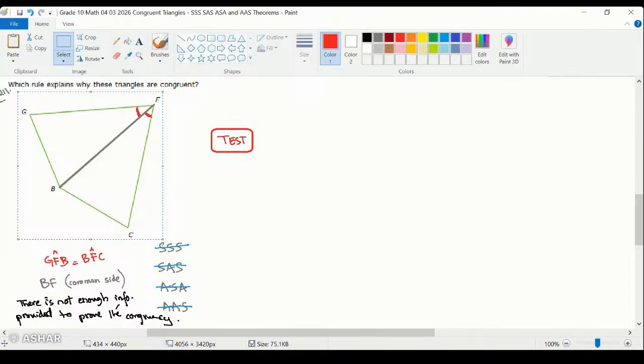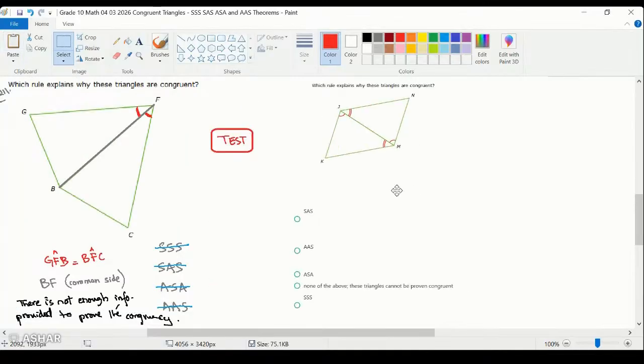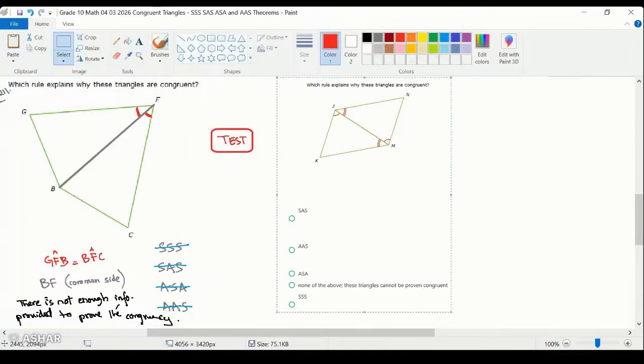And they're saying, which rule explains why these triangles are congruent? Let's reuse this. The first one was SAS, and we have 5 options over here, right?